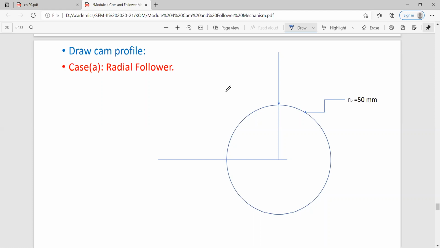Or if you want to draw it on the notebook and later fair it, that is also allowed.